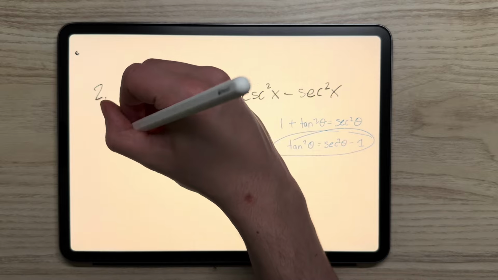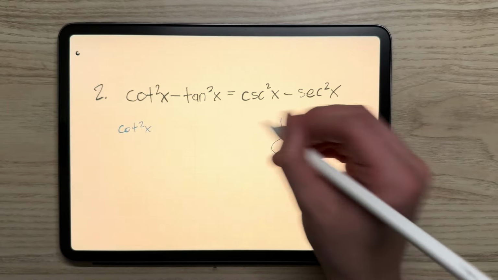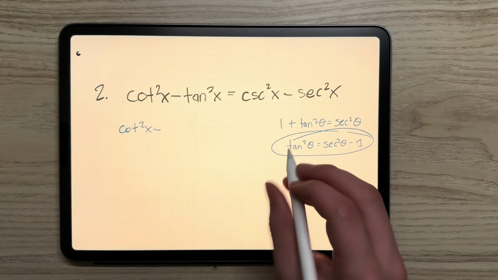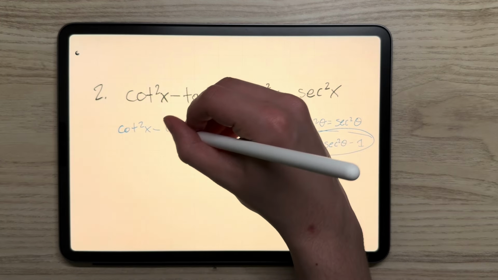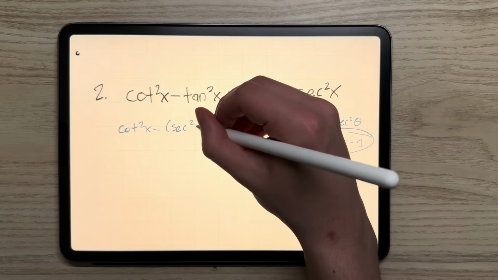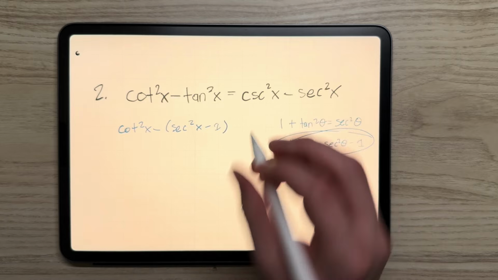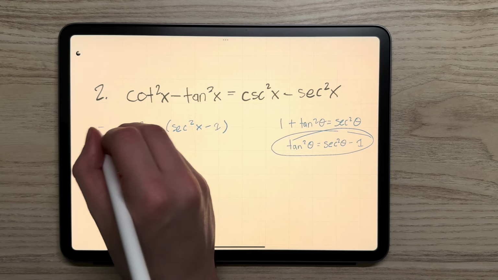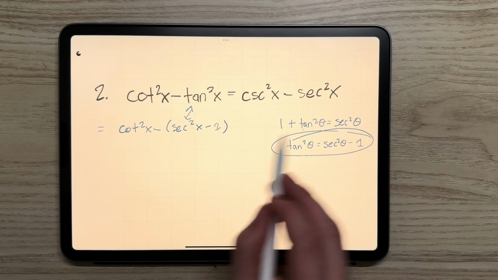So cotangent squared x minus tangent squared x is equal to secant squared x minus 1. That is the same as this because of this identity here.